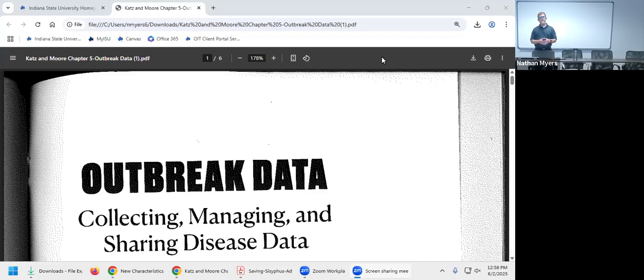So we're going to start with the Katz and Moore chapter 5 outbreak data, which is available in the modules for the course. And this comes from a larger book called the Outbreak Atlas, which is written by Rebecca Katz and Samantha Moore.